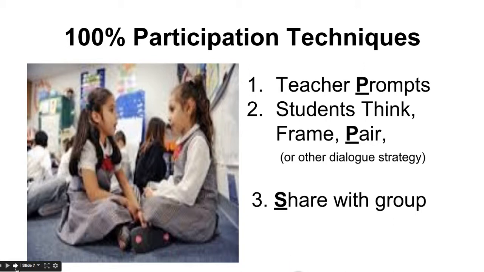Teachers then can prepare a sentence frame or even word list that students might use to be able to think about how they will share with their friends. Students then pair with their strategic bilingual pair to share their responses and then come back to the group. In order to achieve 100% participation, it's probably going to take more time and more specific planning because the use of time needs to be so efficient.